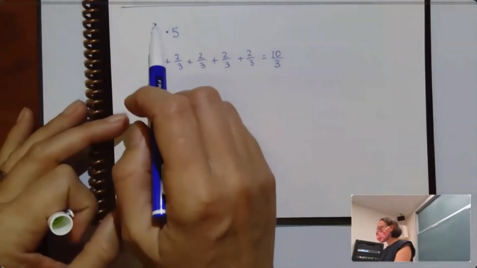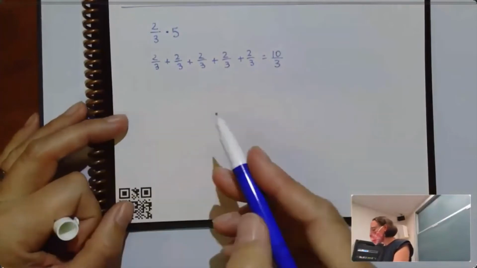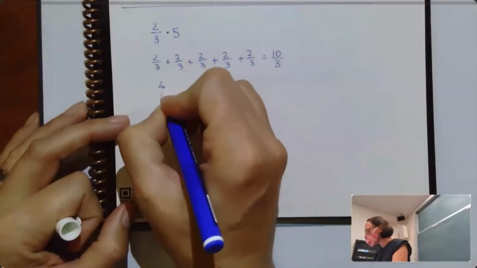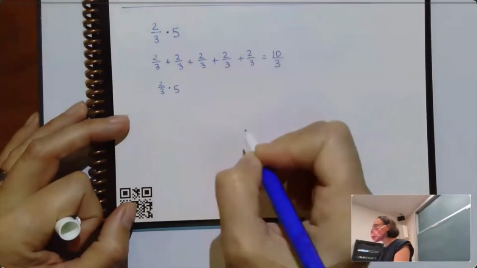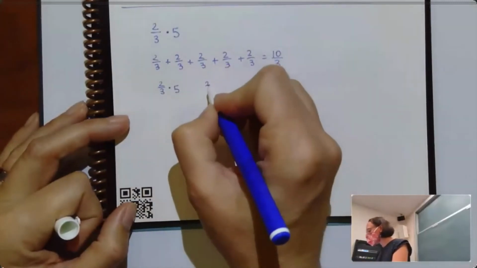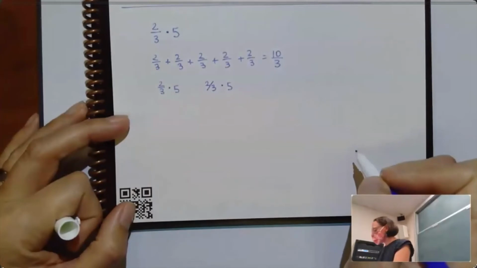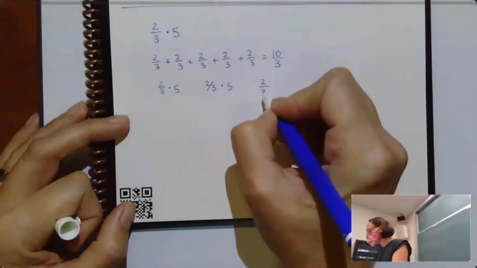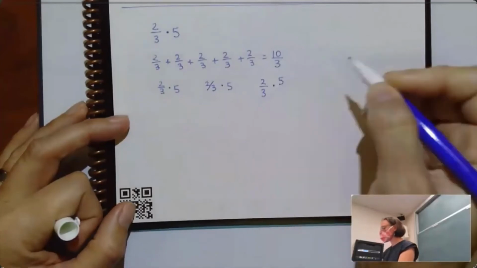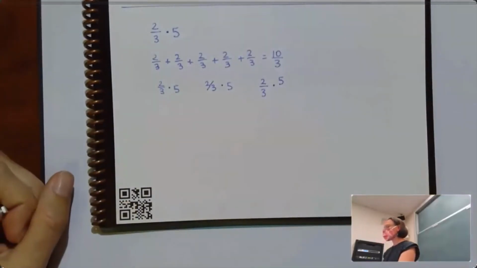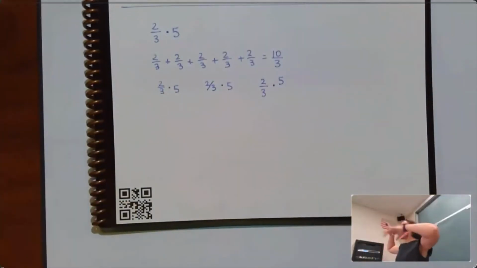If you write 2/3 times 5, or 2/3 times 5, or 2/3 times 5, there's a subtle difference in the height and the size of each of those numbers. And if you're moving through a problem quickly, I have seen lots of students get mixed up.